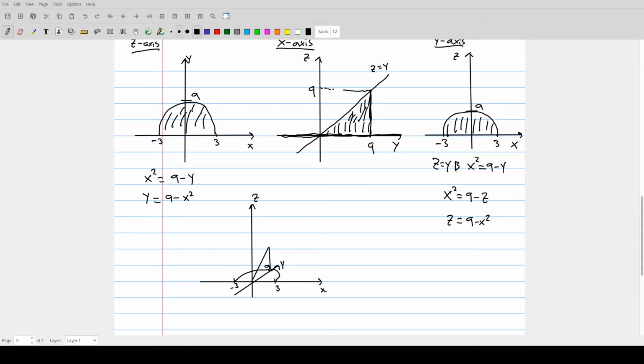It's starting here and going up and down. This kind of parabolic curve looks like a wedge or a doorstop.